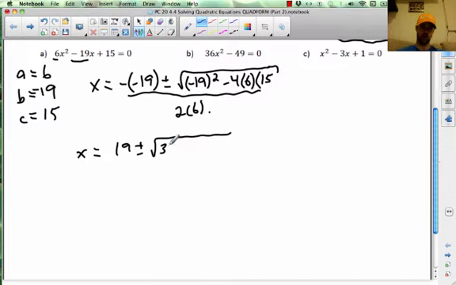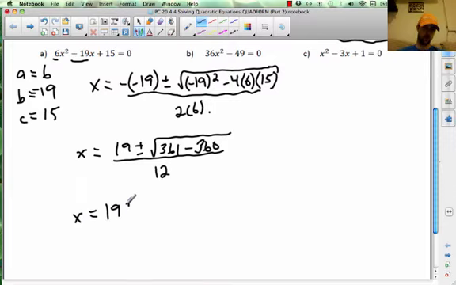So that's the root of 361 minus 4 times 15. 4 times 15 is 60, times 6 is 360. You can double check that on your calculator if you like. All divided by 12.